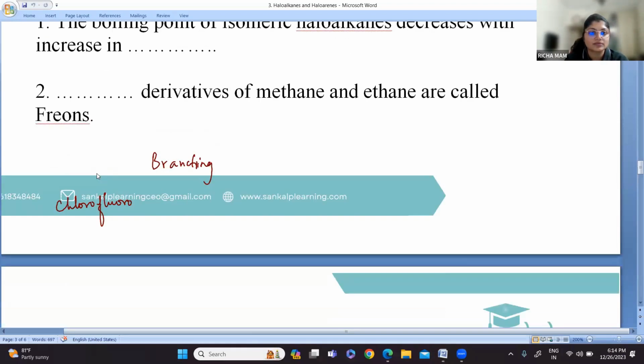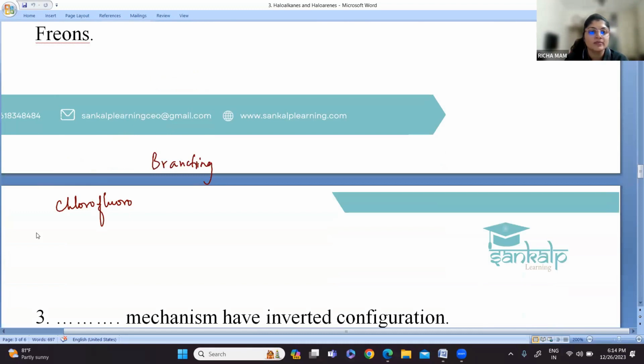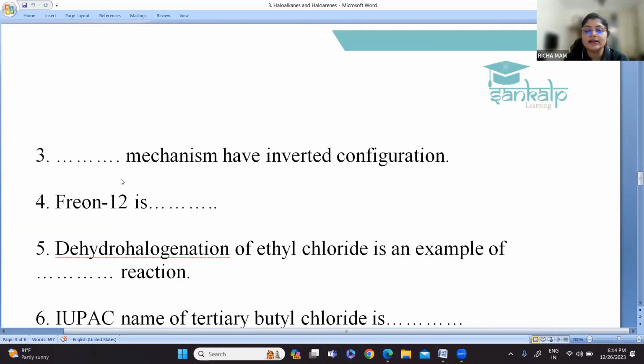Next, third one, dash mechanism have inverted configuration. In this chapter you have two mechanisms. One is SN1, another is SN2. Which particular mechanism has inverted configuration? We have studied what is racemic mixture, what is retention, what is inversion.